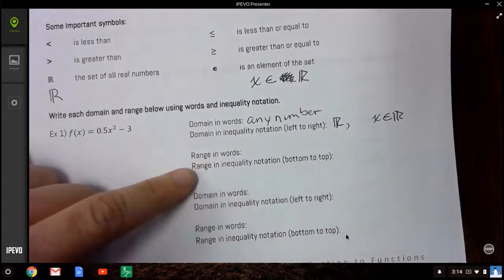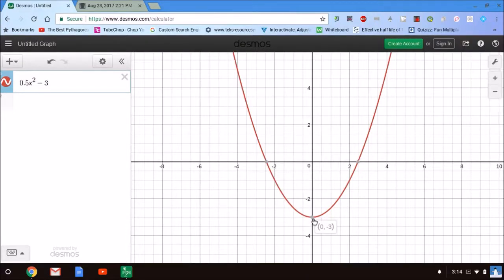And then let's check out the range. Range is bottom to top. So the bottom of my graph, I want to look at the y value, which is -3. If I follow the red line, my y value is never going to be smaller than -3 because it doesn't exist below that. The line isn't there. So my range is going to be -3 to, and how high do you think I can go?